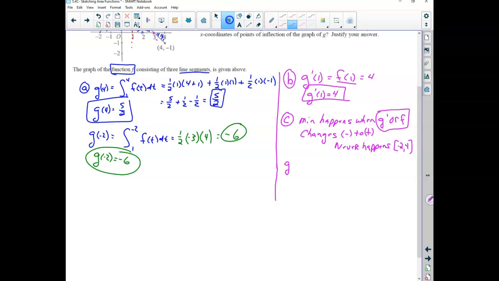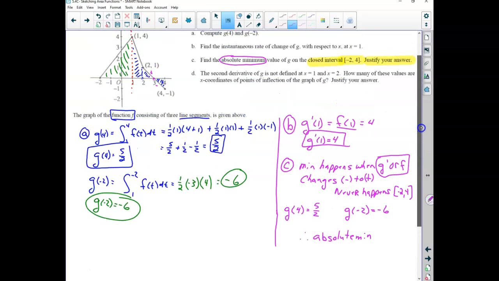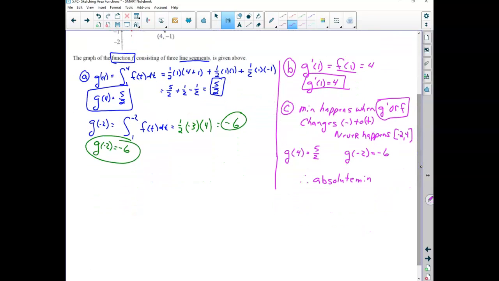So G of 4 equals 5/2. G of negative 2 equals negative 6. Therefore, absolute minimum, did they want the x value? No, they want to find the absolute minimum. G of negative 2 is negative 6.